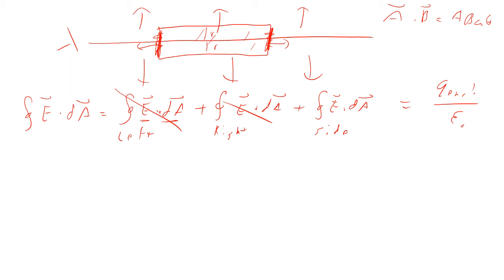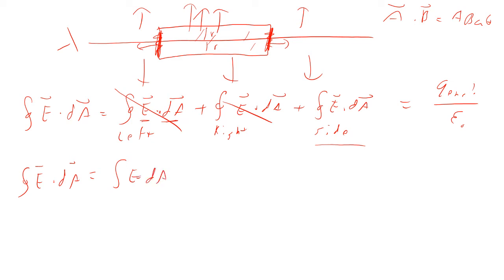Now, what about the remaining one? We look at it and say, the electric field's going straight out, and dA is straight out, so the integral of E dot dA is just the integral of E dA.